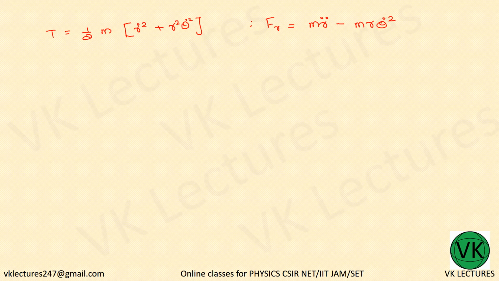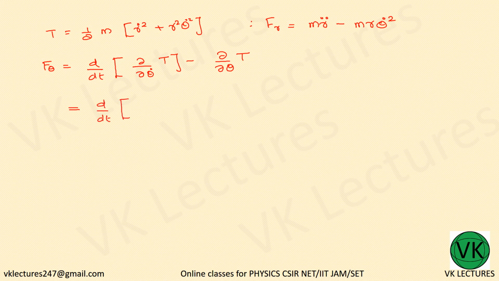Now F theta is equal to d by dt of dou by dou theta dot of T minus dou by dou theta of T. That's equal to d by dt of dou by dou theta dot of T, which means m r square theta dot, minus dou by dou theta, and this second term is 0.